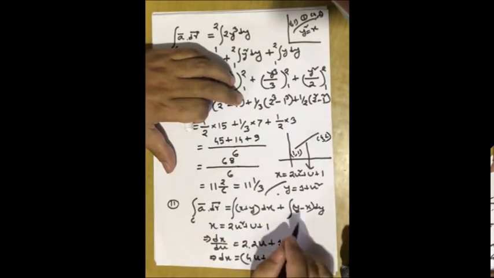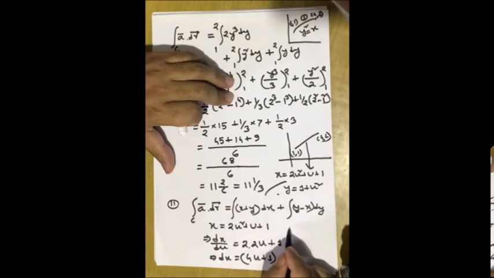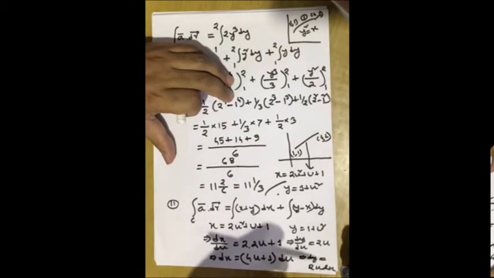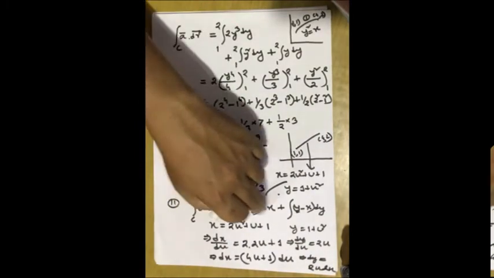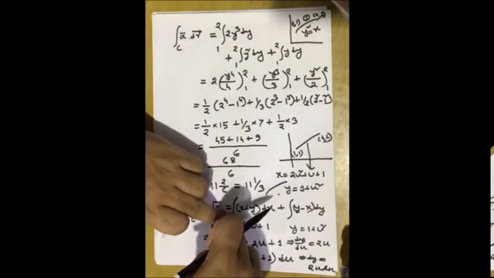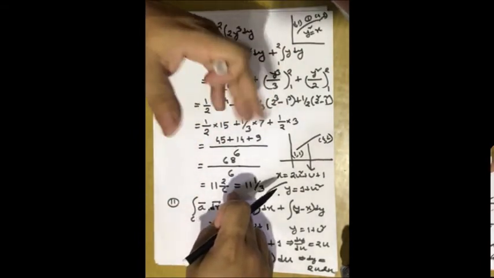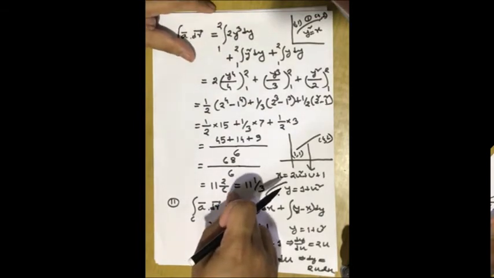Okay, and y is given as y = 1 + u². So dy/du is equal to 2u, so dy is equal to 2u du. Okay. Now we are going to replace these values of dx and dy in the expression. Also we are going to replace x and y there, and finally we'll change the limits from (1, 1) to (4, 2). We have to find what will be the value of u with respect to these values. Okay, so let's do it.